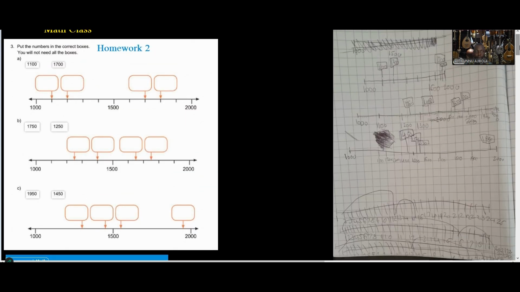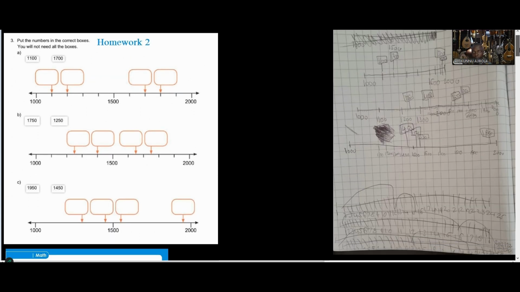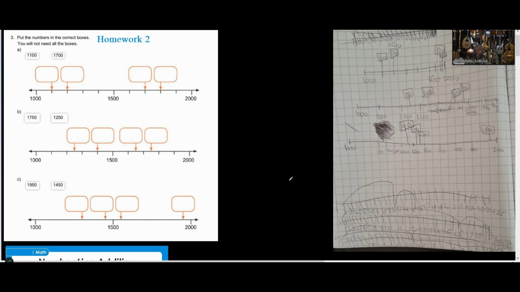Then the other one at the top, which asks you to put the numbers in the places where they're supposed to be. We have 1000 as the starting point, then here we have 1001 and 1700.